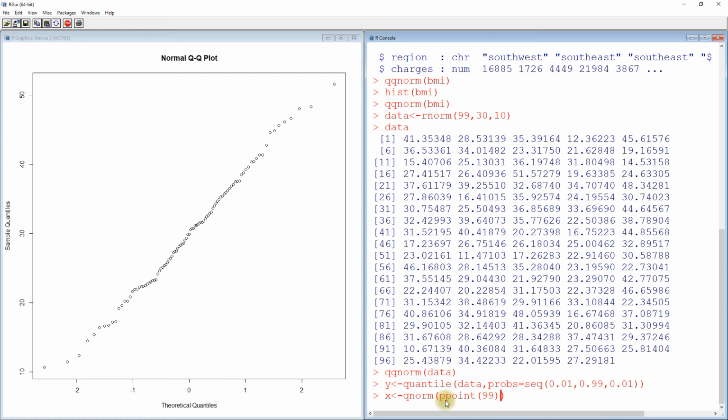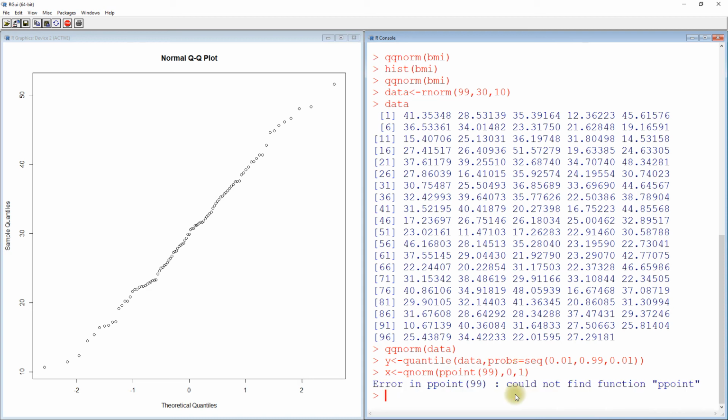And when I'm doing that, I'm basically saying that I want to generate quantiles from 0.01 to 0.99. You are generating 99 quantiles from a standard normal distribution with mean 0 and variance 1. And this is what I want to do.